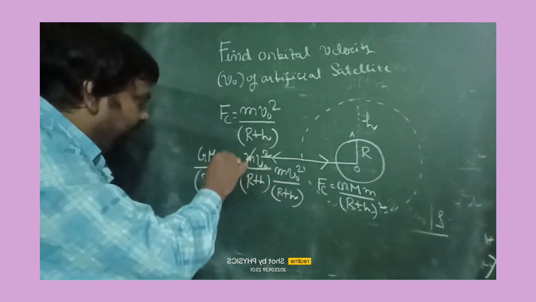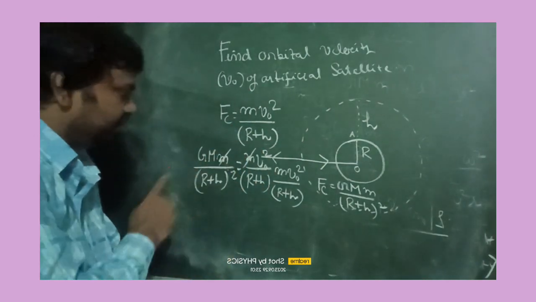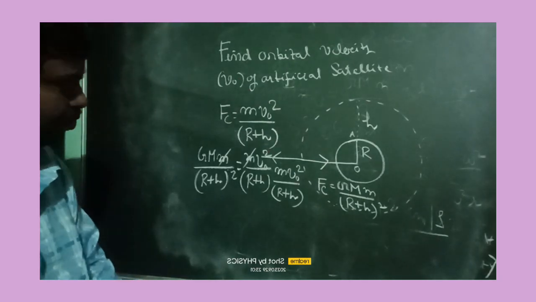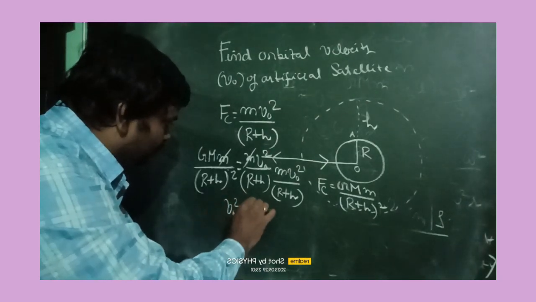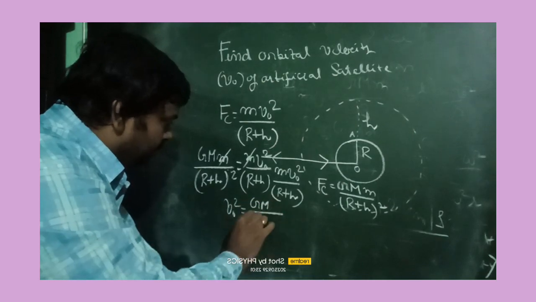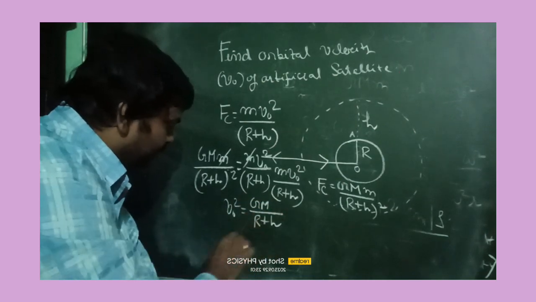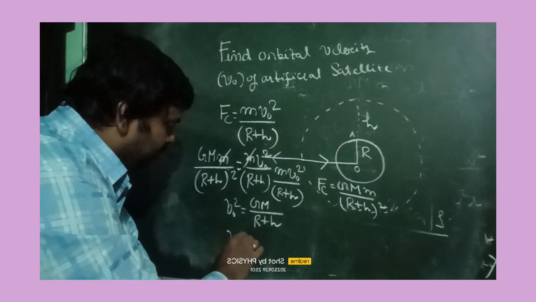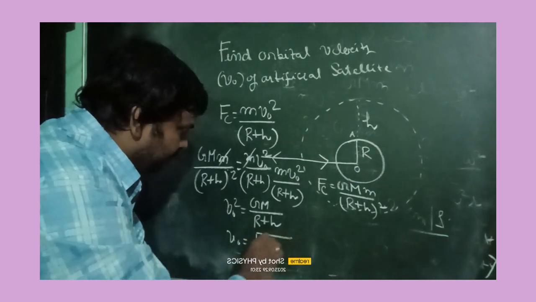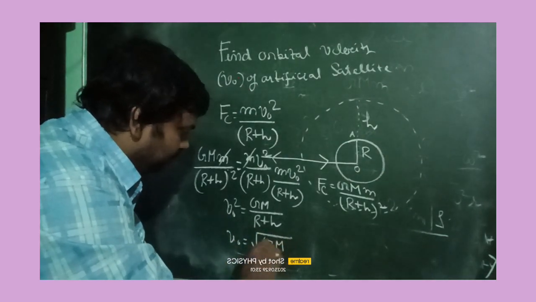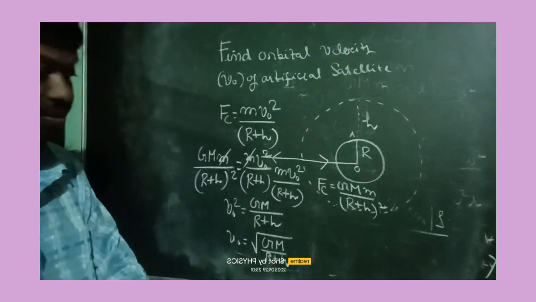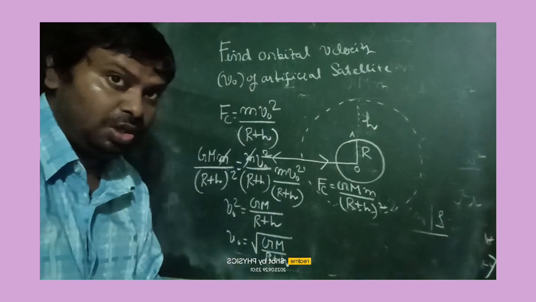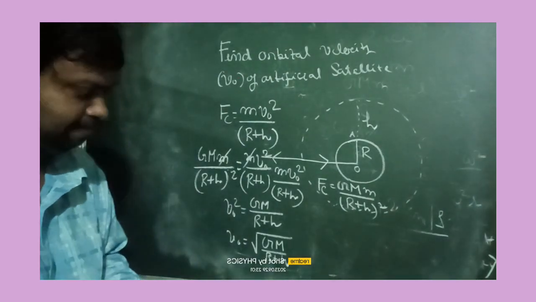Now here m will be cancelled out and one (R plus h) should be removed from this equation. We have v0 square is equal to GM by (R plus h). So v0 is equal to under root GM by (R plus h), which is the orbital velocity of the satellite.